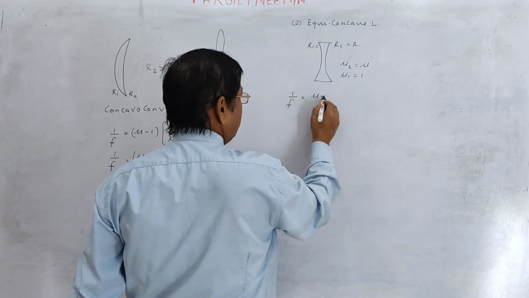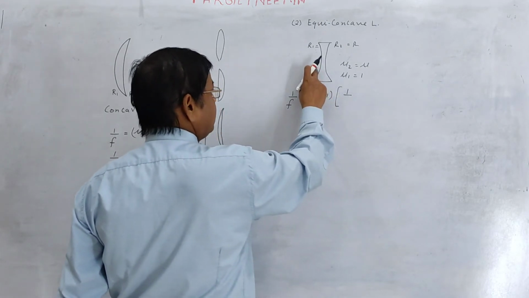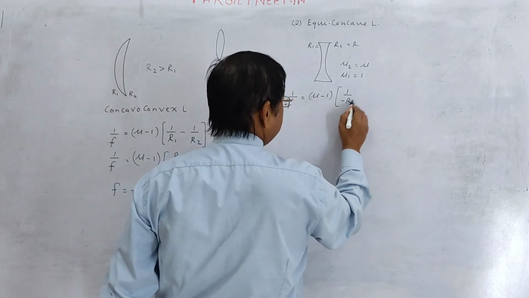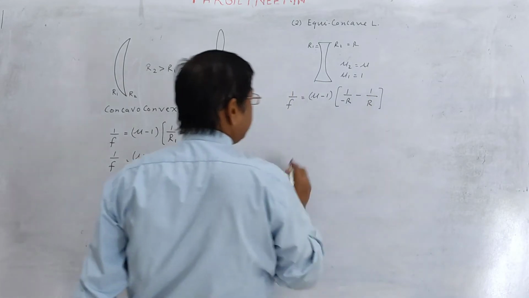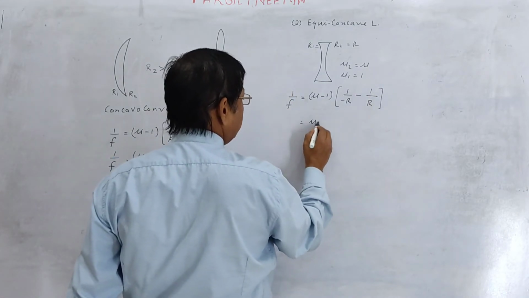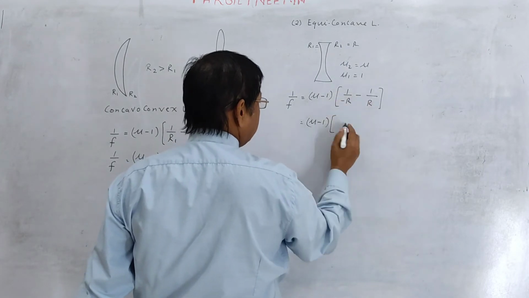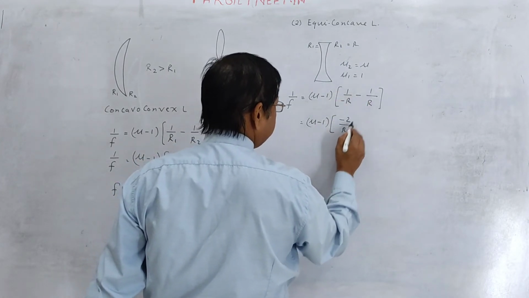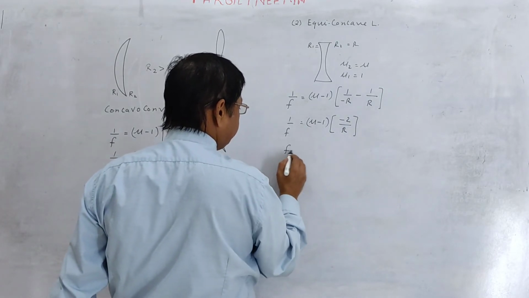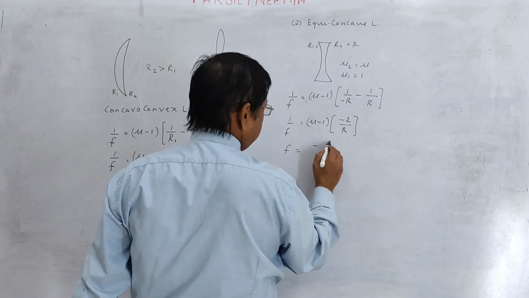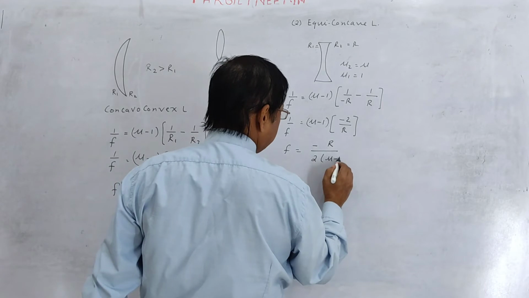So here I have to write mu minus 1, 1 upon R1 is negative, so minus 1 by R, minus 1 upon R2 is positive, so minus 1 by R. So it is mu minus 1 into minus 2 by R. So f will be minus R upon 2 into mu minus 1.